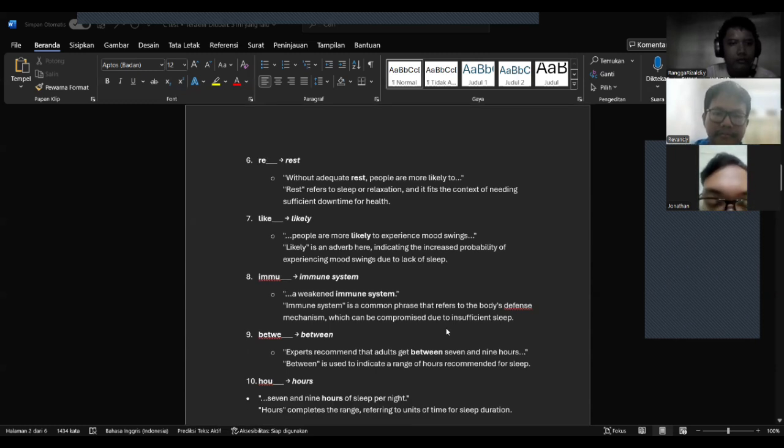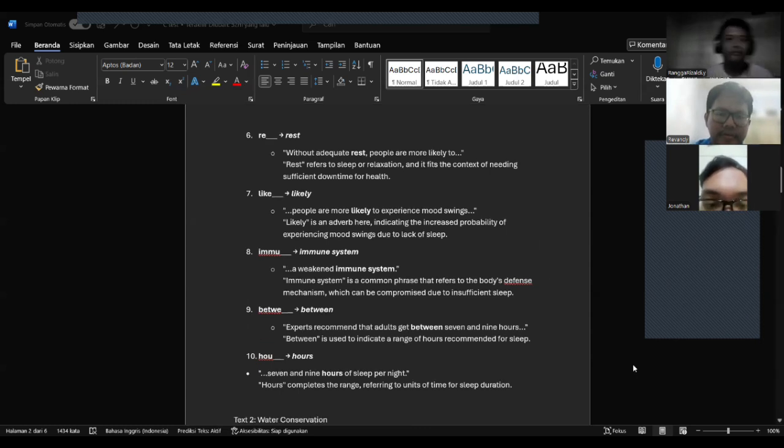Six, rest. Without adequate rest, people are more likely to... rest refers to sleep or relaxation, and it fits in the context of needing sufficient downtime for health. Likely, people are more likely to experience mood swings.